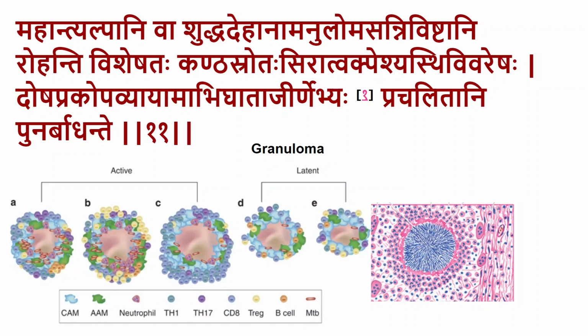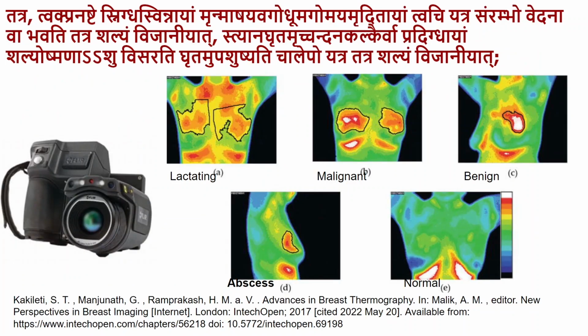But later on, in due course of time, due to some precipitating triggering factors like dosha prakopa, vyayama, abhigata, ajirna, either systemic factors or local factors which can produce irritation, they may produce symptoms. That's one possibility of an object being retained in the body without producing any complications.